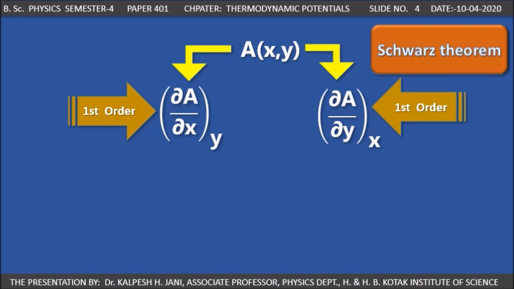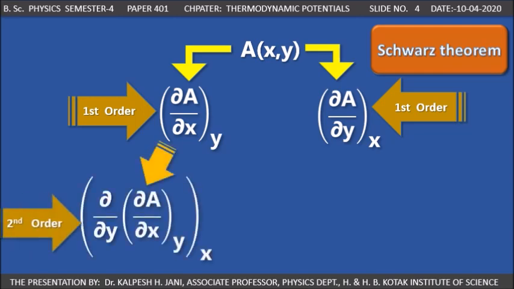Now you proceed to obtain the second order differentiation. On the term on the left side, if you proceed to get the second order differentiation, you will get this term where you differentiate this left side term further with respect to y while keeping x constant. So the term on the left side at the bottom of the slide shows the second order differentiation of a with respect first to x and then with respect to y.